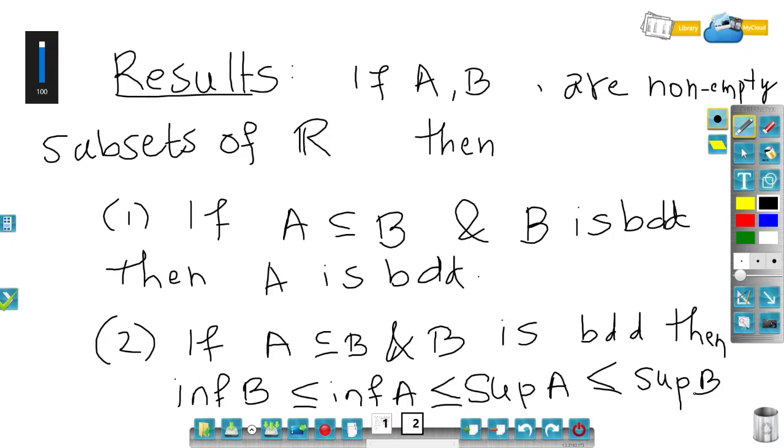We will prove the results and see how it takes this form. This inequality will be clear in the proof.